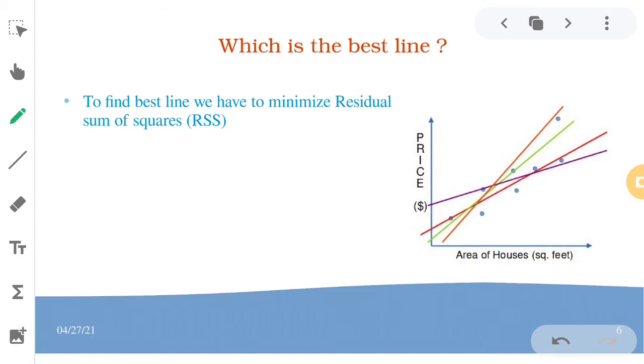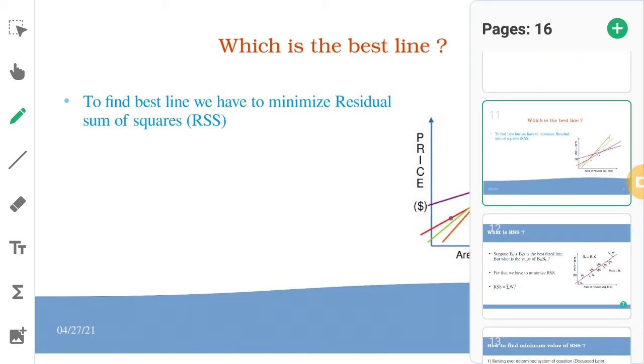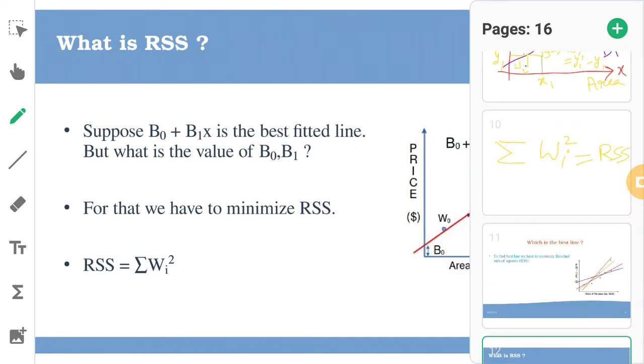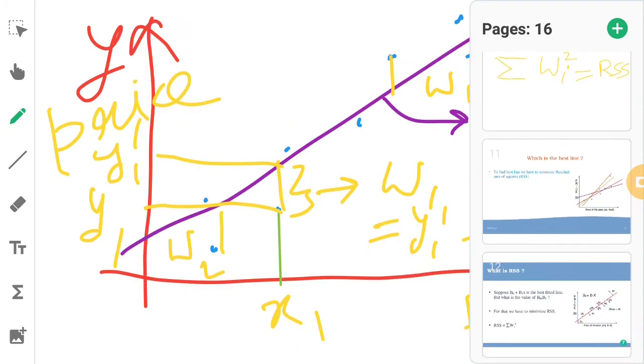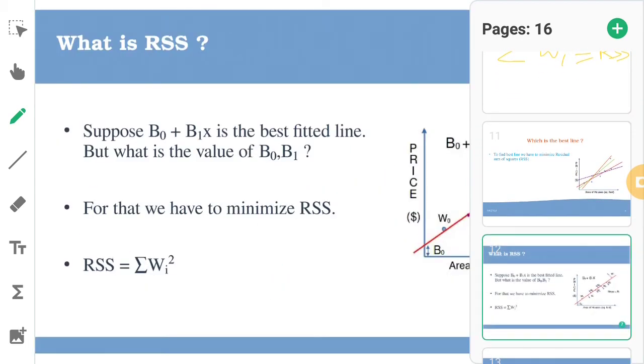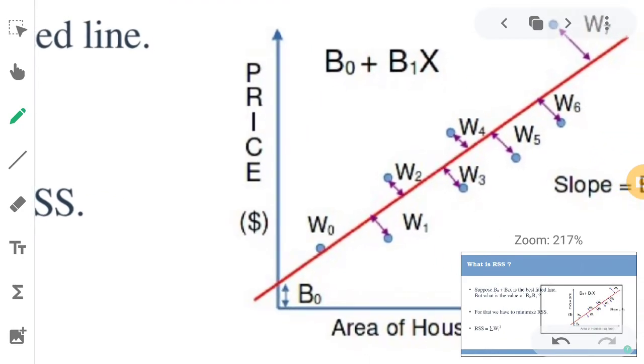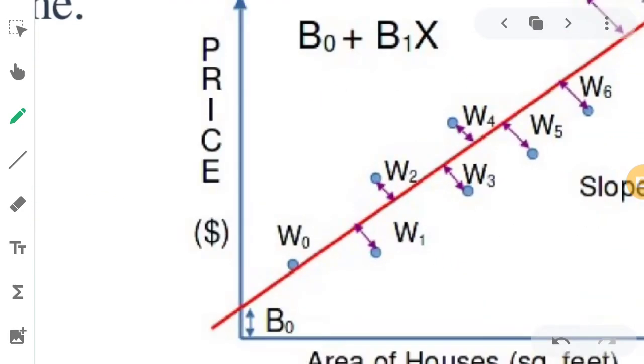Residual sum of squares. What is RSS? Suppose b0 plus b1 x. What we discussed here is written here. In this slide something is wrong, there are errors.